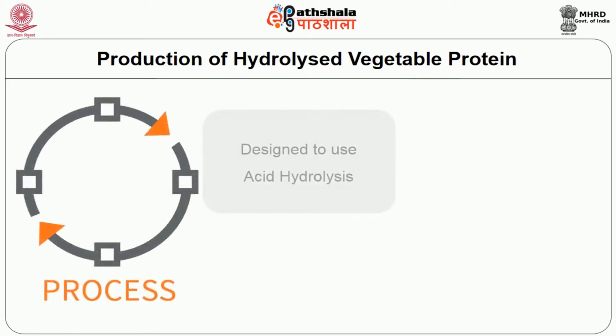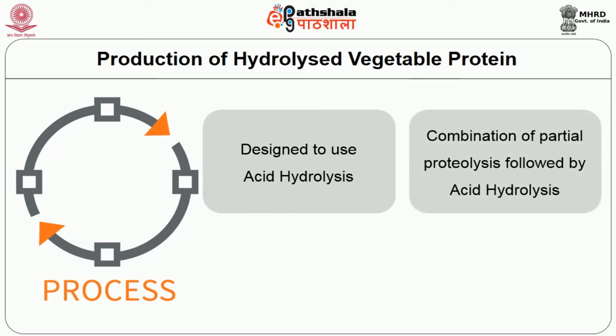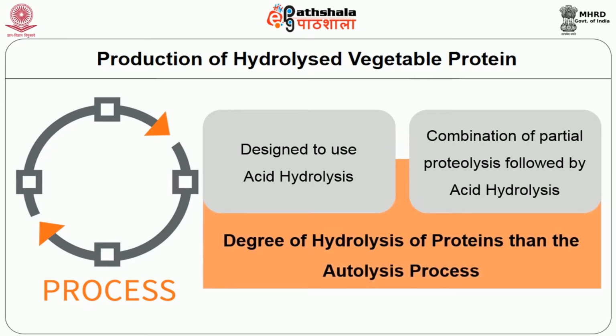Processes that are designed to use acid hydrolysis exclusively or those that use the combination of partial proteolysis followed by acid hydrolysis are known for a higher degree of hydrolysis of proteins than the autolytic process described previously. Hence, these products are likely to have higher levels of free glutamic acid than yeast extracts.